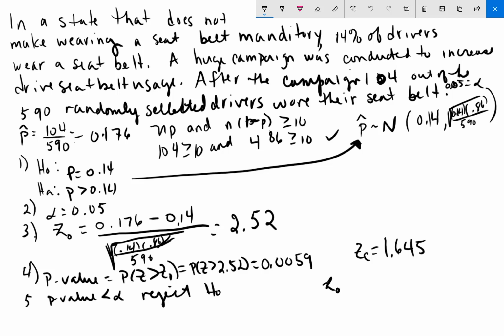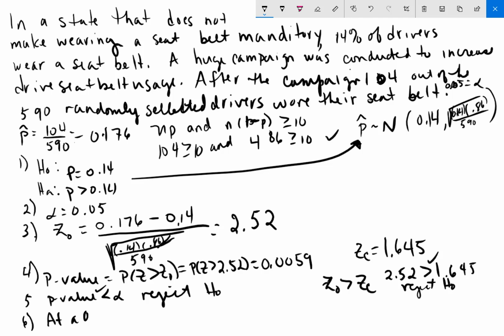Since our test statistic is greater than our critical value, that's the criteria for rejection for a right-tailed test when we do the classical method. Since our test statistic is 2.52, and that is definitely greater than 1.645, we reject the null. Both of these should reject the null hypothesis.